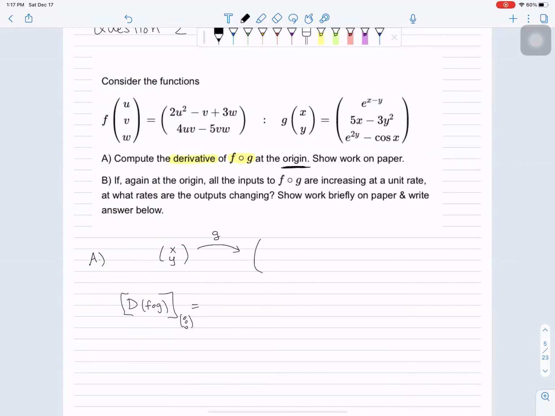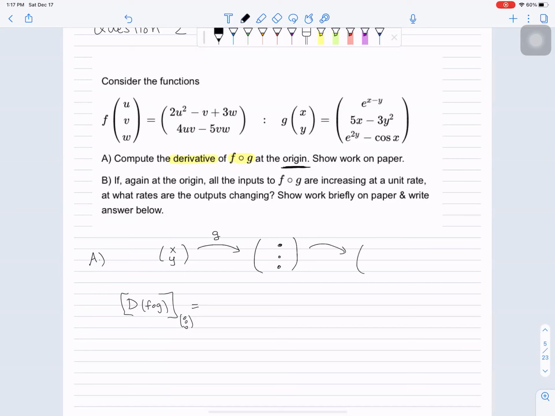G then takes it to three things. So it takes it to an output of three things. And then F will take in those three things and output two things. So in total, this composition, F of G, has two inputs and two outputs.